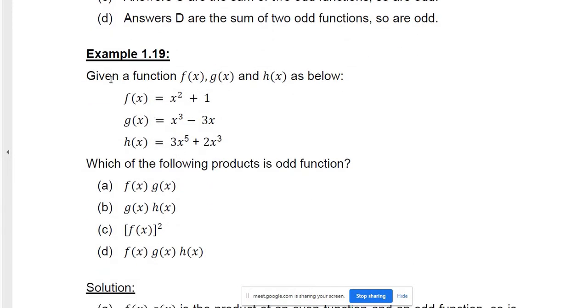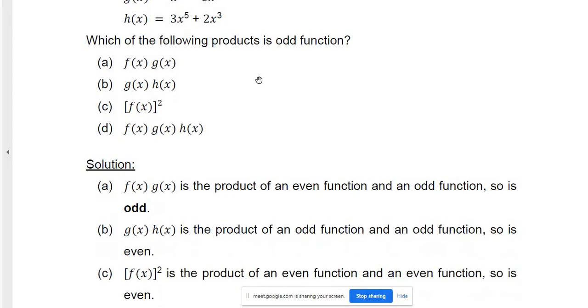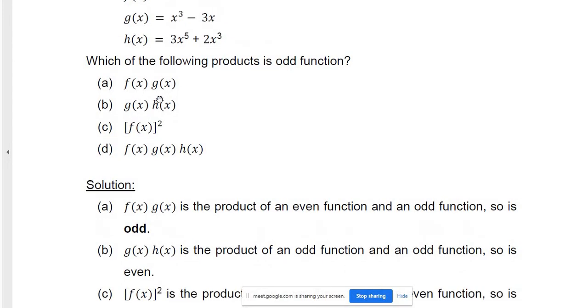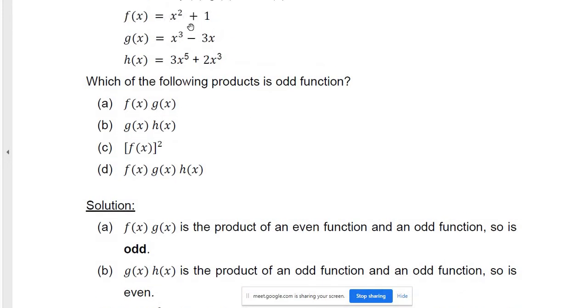Then what about this one? Given functions f, g, and h, which of the following products is an odd function? f and g, this is x squared plus 1, and then x power of 3 minus 3x.